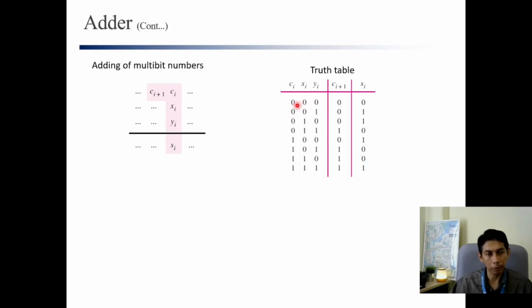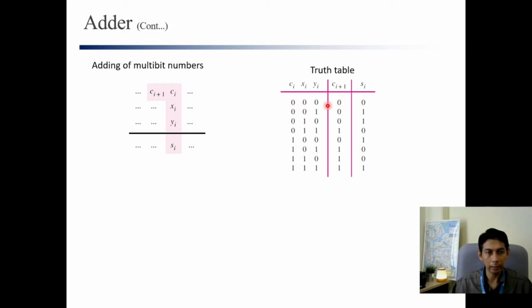The number of possibilities is the number of input values to the power of the input size. In this case, the input is 3 bits, so 2 to the power of 3 gives 8 possibilities, from 0 to 7. Now again, we can get the carry C and S like this.